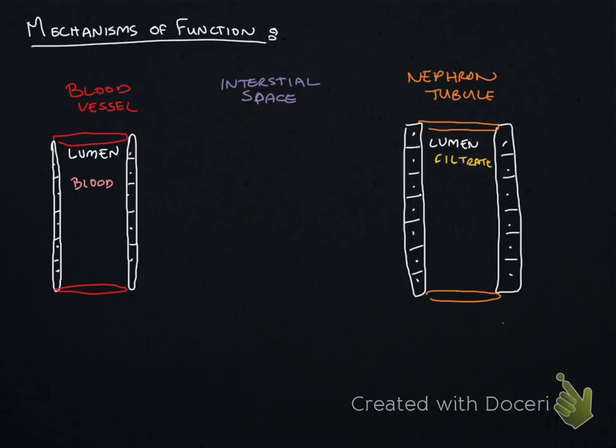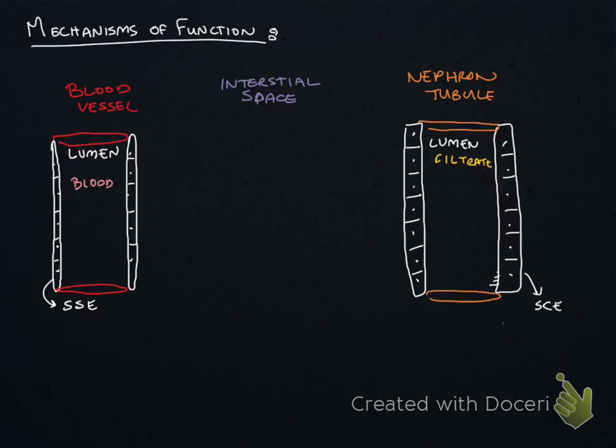The walls of the blood vessel are lined with simple squamous epithelium, while the walls of the nephron tubule are lined with cells like simple cuboidal epithelium, and the type of cells will actually determine the function. Sometimes they will have cilia on them, or microvilli. And each tubule is actually associated with a blood vessel.